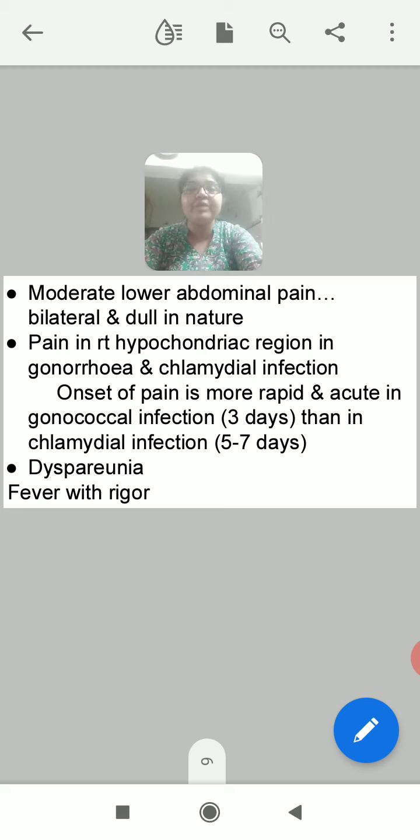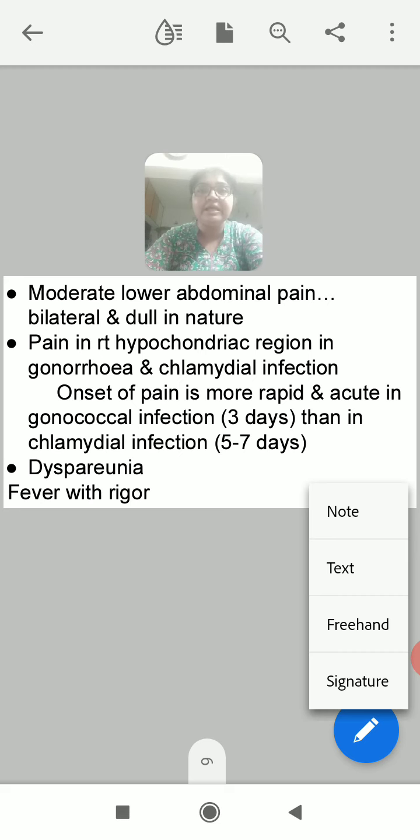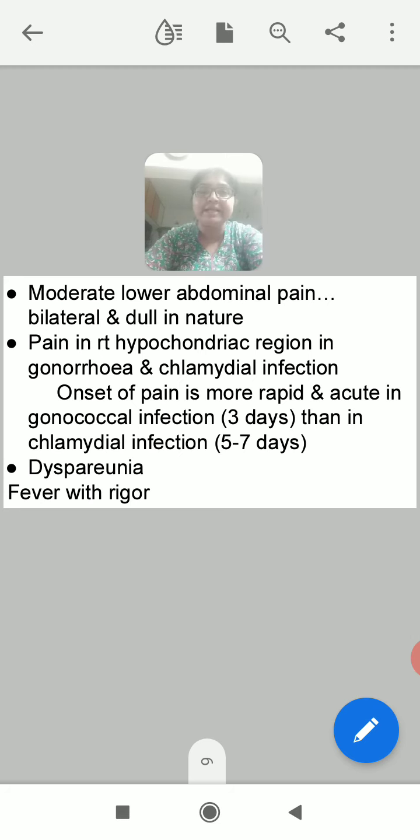The onset of the pain helps to detect the type of infection. Onset of the pain is more rapid and acute in gonococcal infection, that is, within 3 days the pain will start after the infection, and in chlamydial infection the same pain starts within 5 to 7 days.